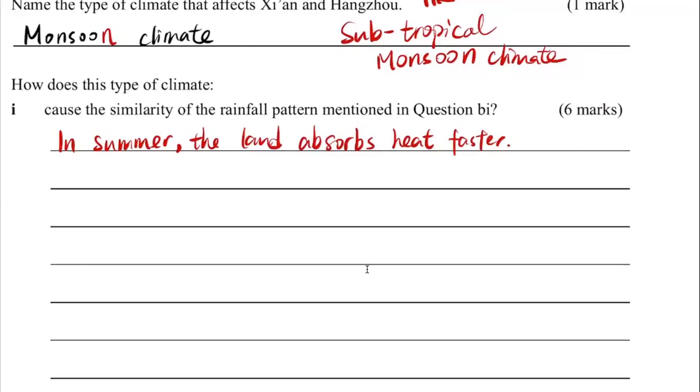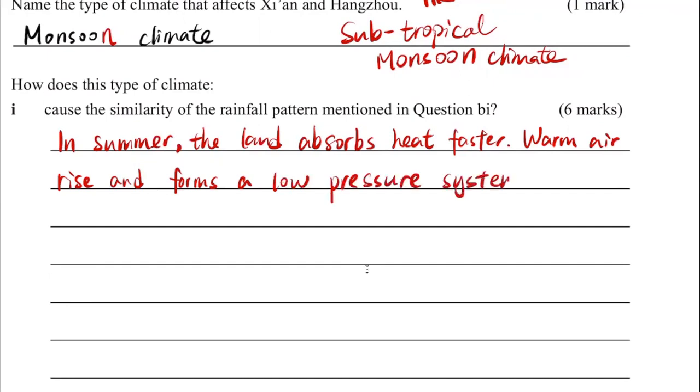So we'll say that warm air rises and forms a low pressure system.